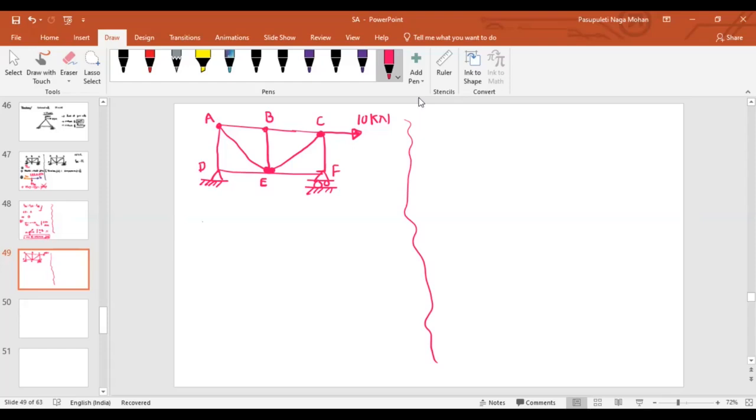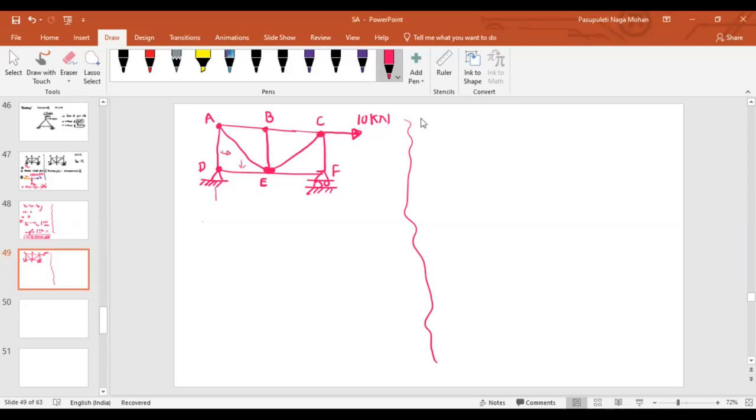Can you tell me at point D, how many unknowns are there? Is it only 2 or more than 2? Two are coming from the members, one for member AD and one for member DE, but you are having the support here, right?